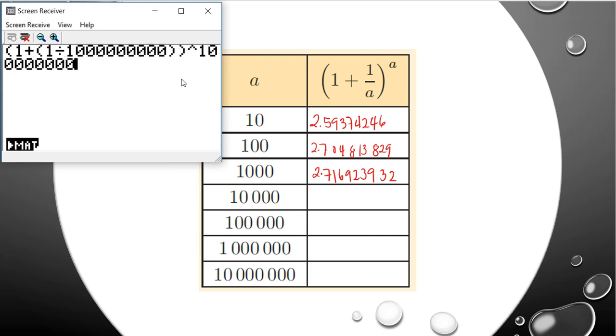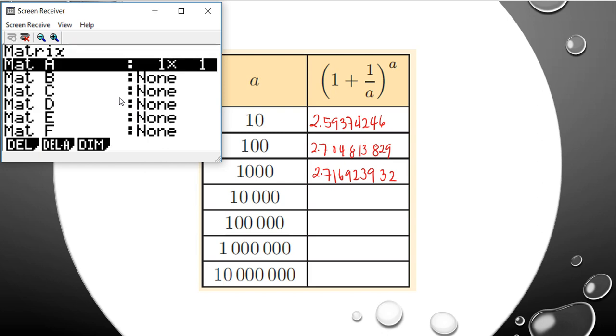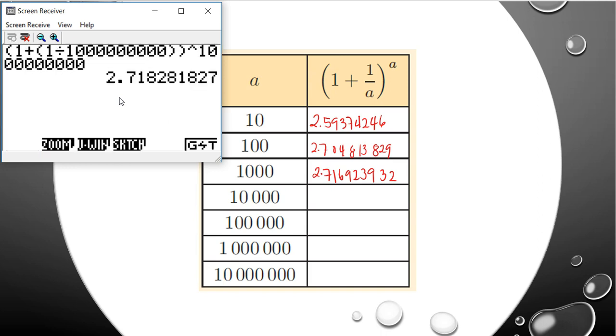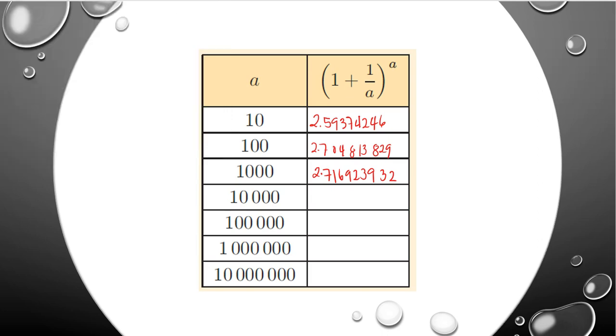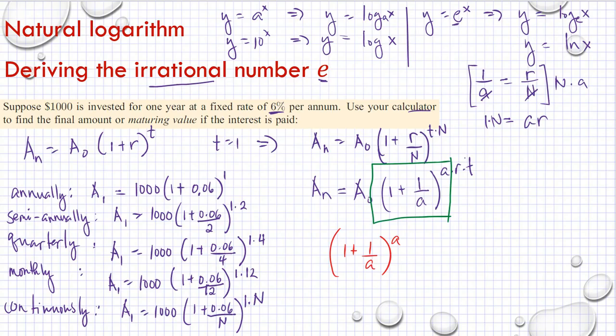Let's try 100 million or 1 billion, 2 more zeros. If we compare this number now with the base E, so if I put shift, raised to 1, that is my base now, it's almost the same. So if it is compounded continuously, we don't need to use this one, the green one.